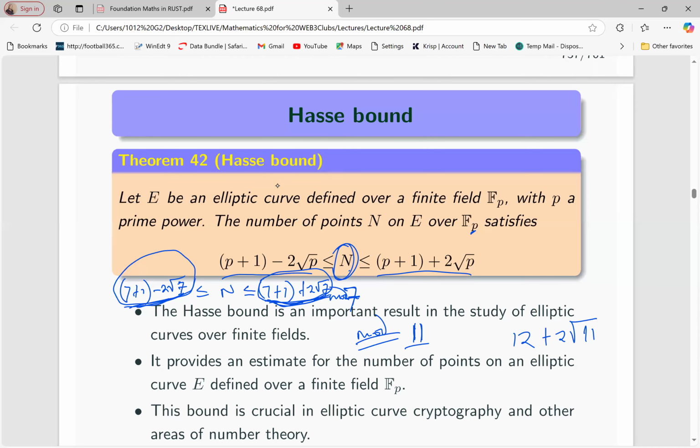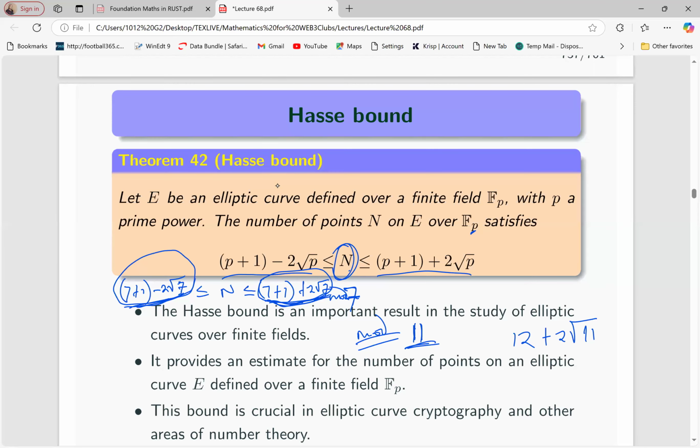So using this theorem, you can roughly tell the number of points you're expecting a certain elliptic curve to have. So you can see then using a curve that has mod 11 is very insecure because you're only dealing with about 18 points. At most 18 points. They could even be less.